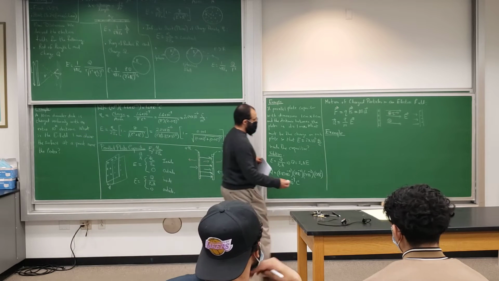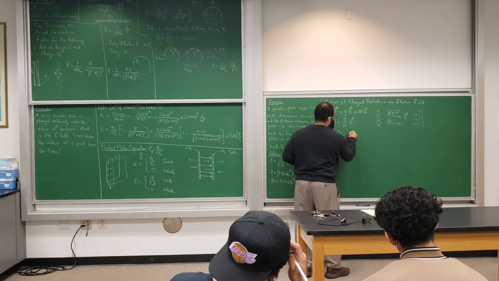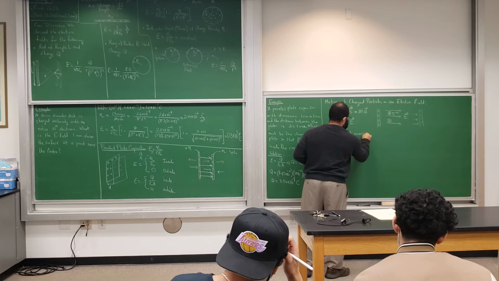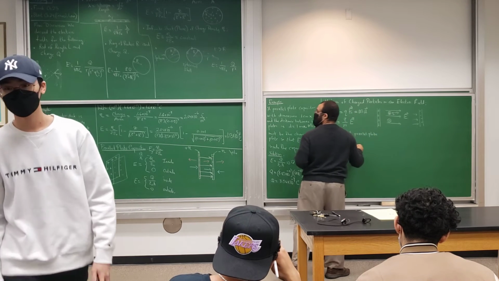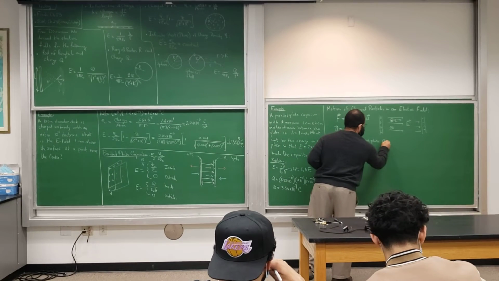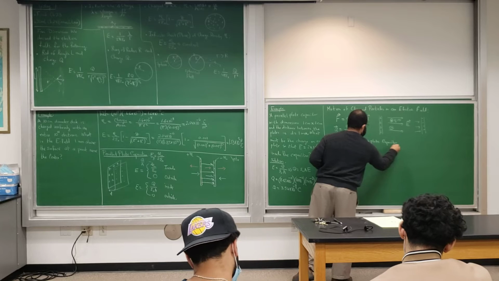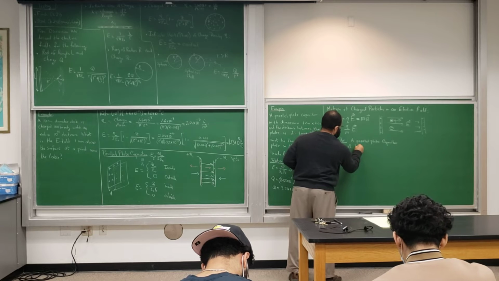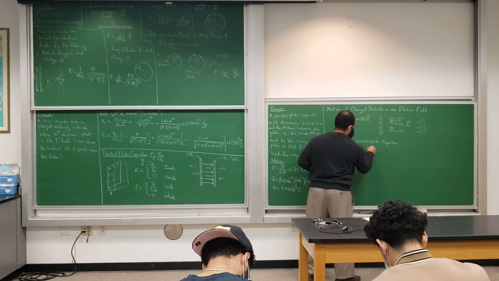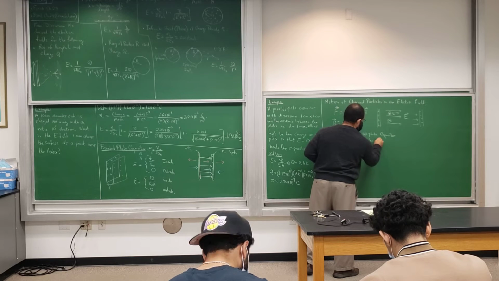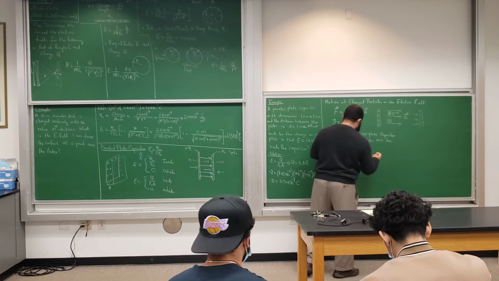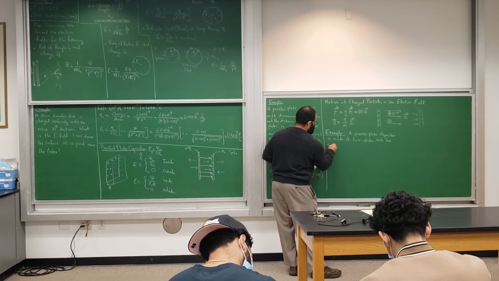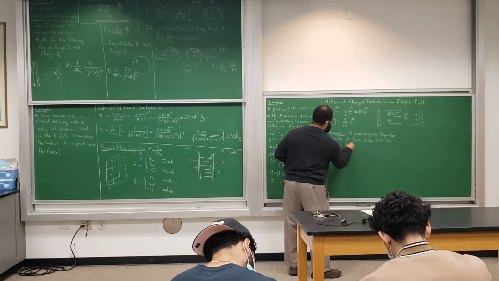So, a parallel plate capacitor is made of two discs, each has a 6 centimeter diameter.